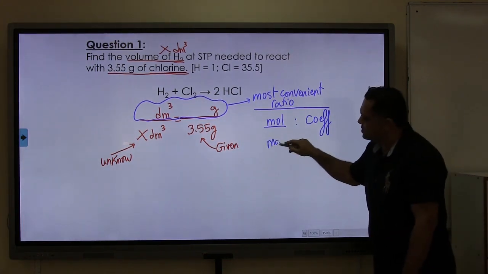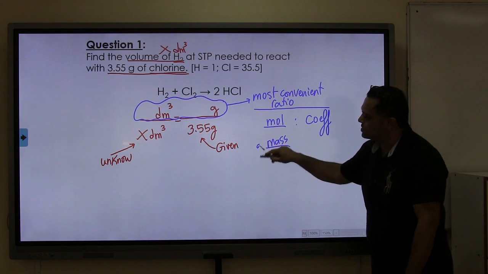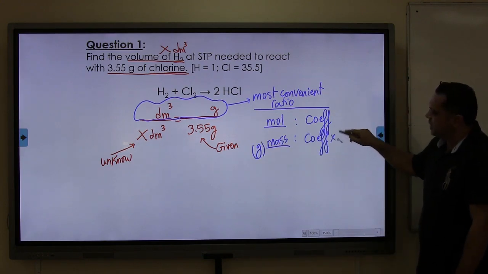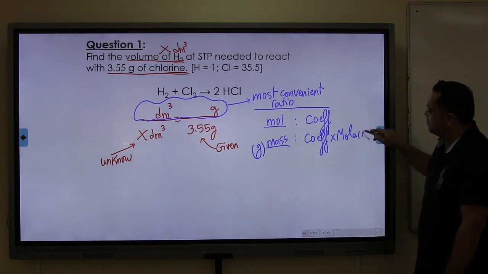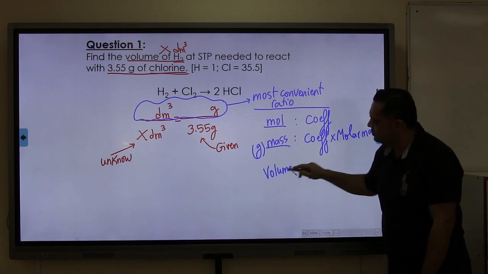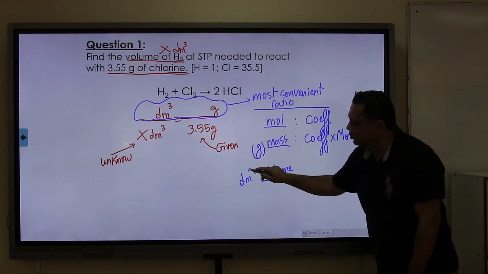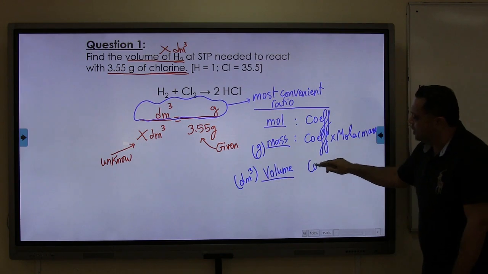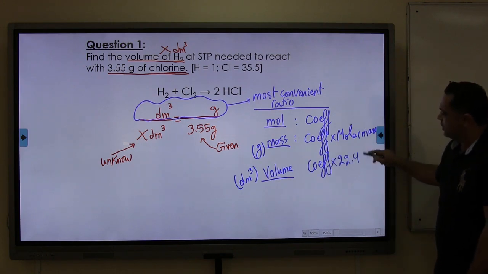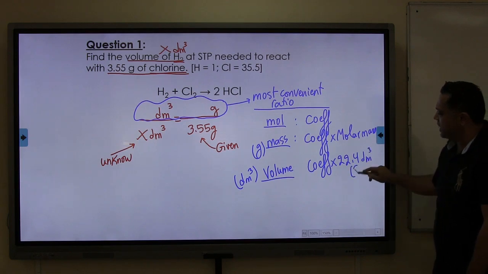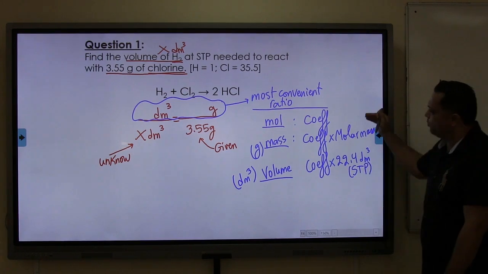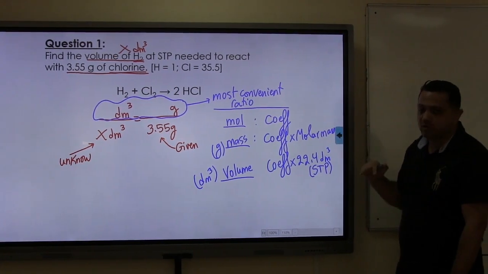If I want the mass, in grams, it will be the coefficient times the molar mass. And if we are dealing with volume, which is the decimeter cube, it will be the coefficient times 22.4 decimeter cube. This is at STP conditions. So we have these three main points to find the most convenient ratio.